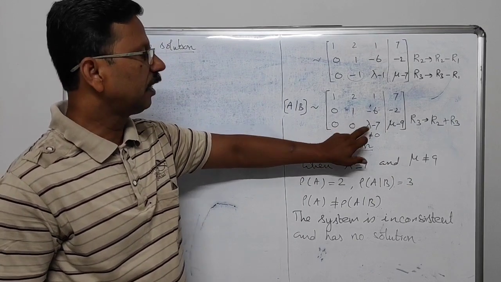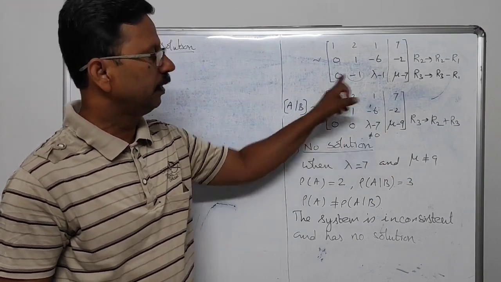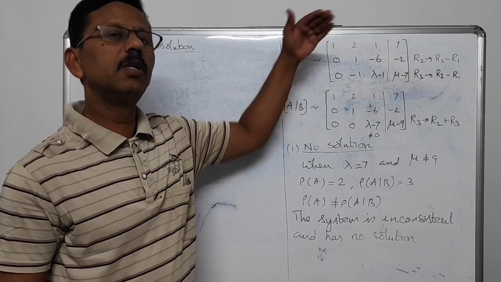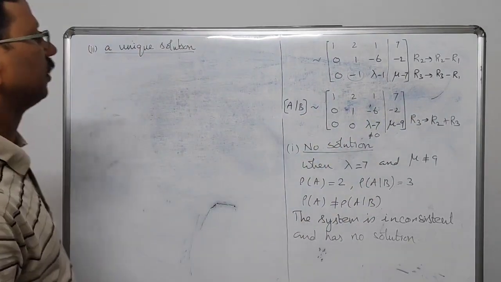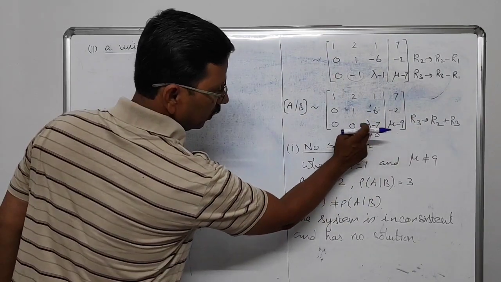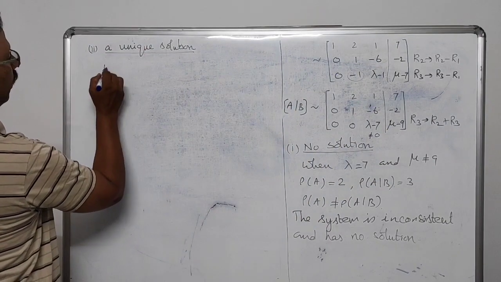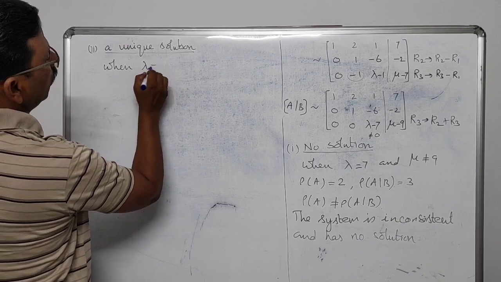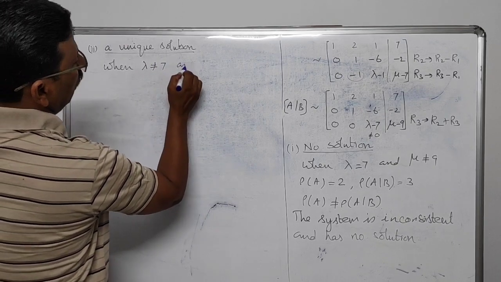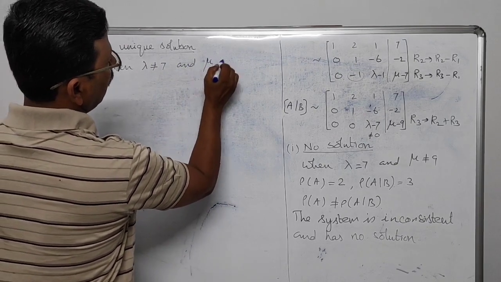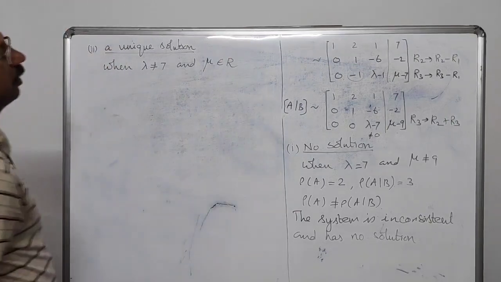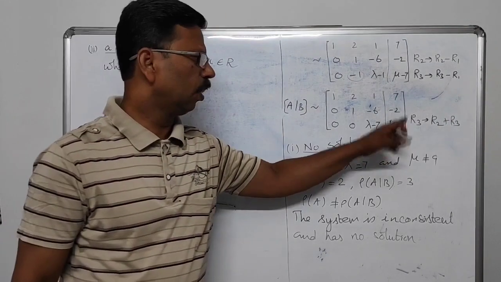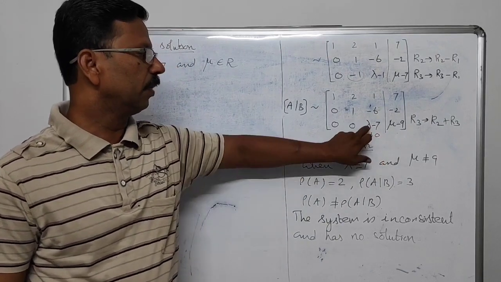This should not be equal to 0. If this is not equal to 0, rank of A will be 3, and rank of AB will also be 3. Therefore, lambda is not equal to 7 and mu can take any real number. Mu can be 0 or non-zero, you do not bother, but this should not be equal to 0.